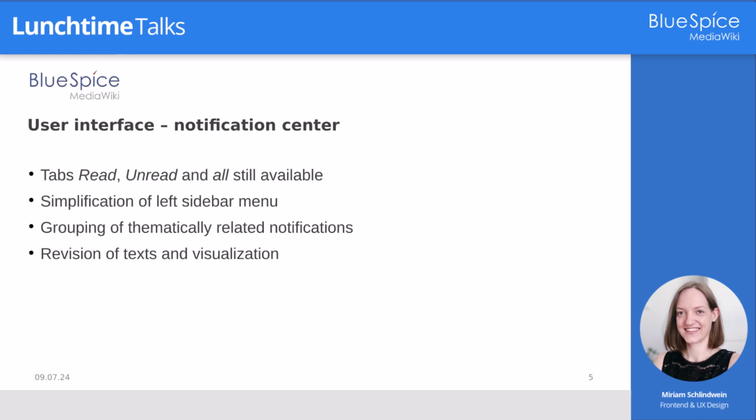And if you get them in a certain period of time, you get those grouped so that you only see one notification, but you can then expand this notification and get to see all changes and also see what's changed from one notification to the next one. But in the general overview, it's easier to read and to get an overview of what changed.